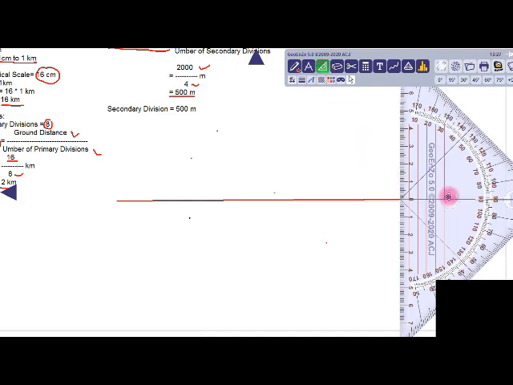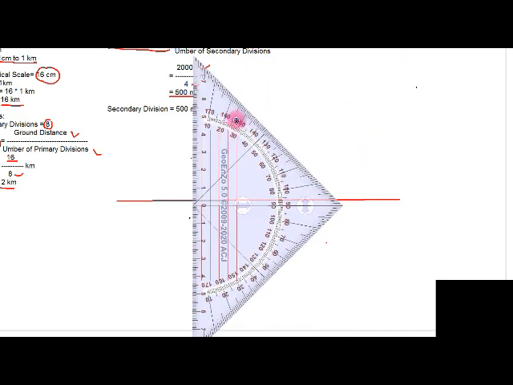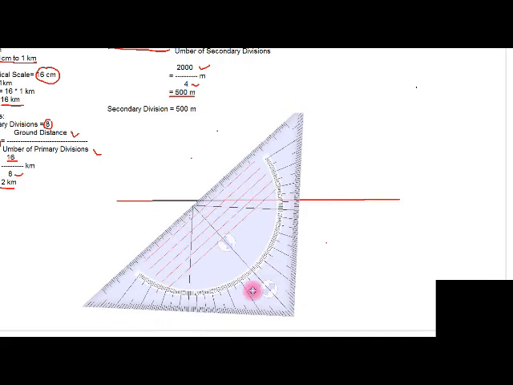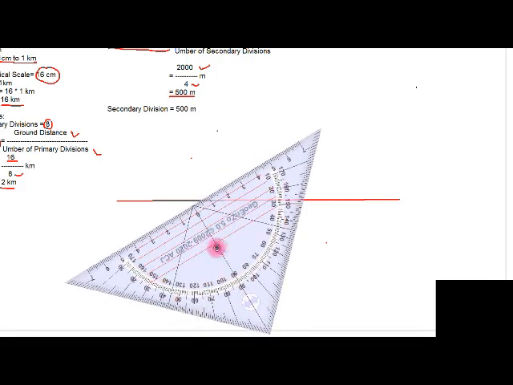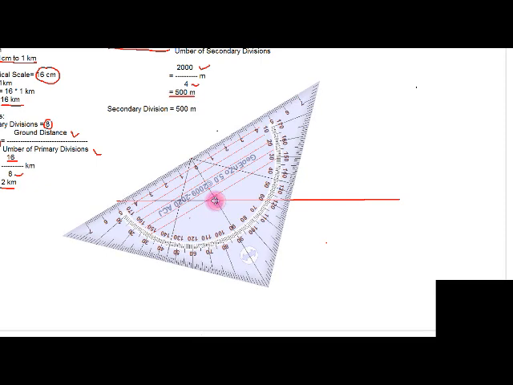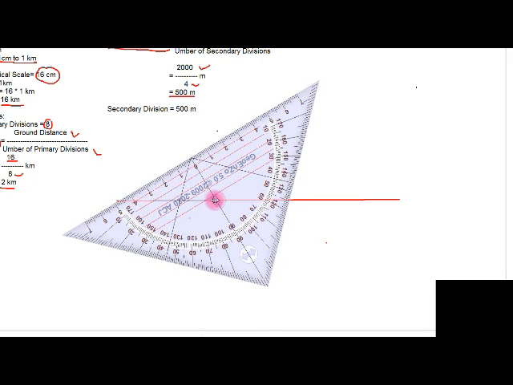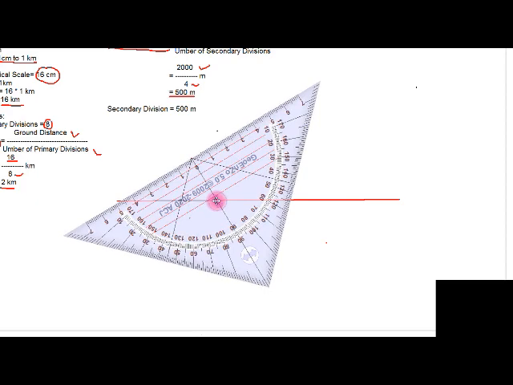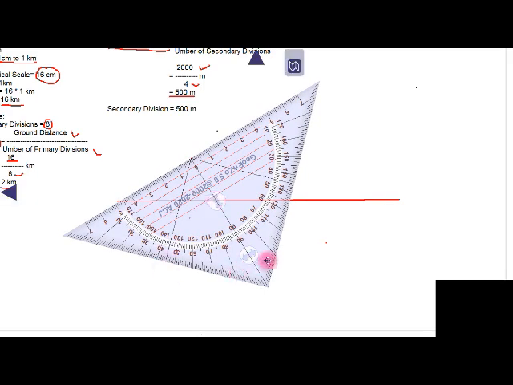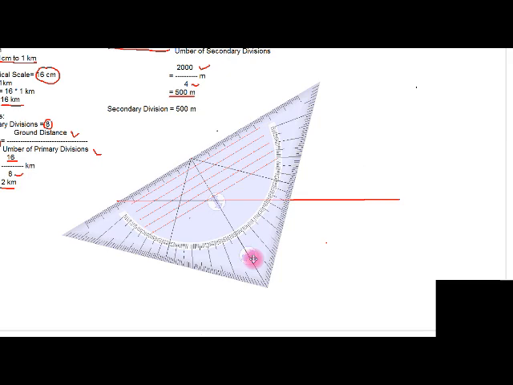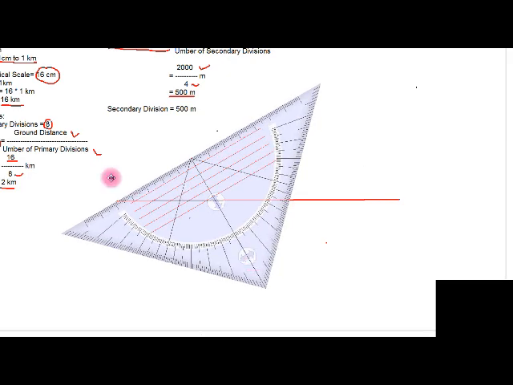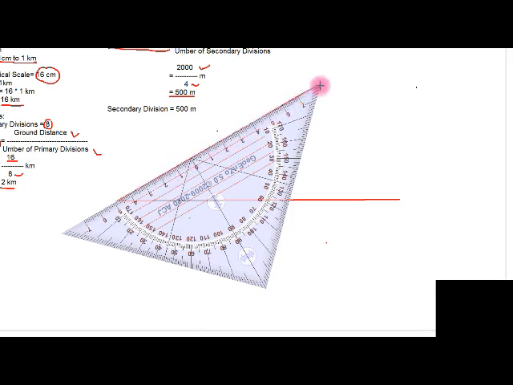After that, we have to draw the diagonal line. You can use the ruler, no problem, but I will use this instrument, which is very easy to handle and convenient. With respect to this point of the 30 degree angle, from one end through this point, we have to draw one line.